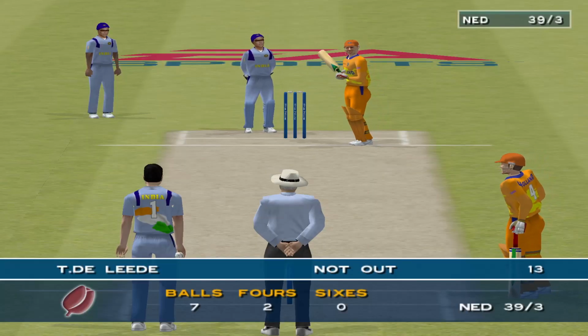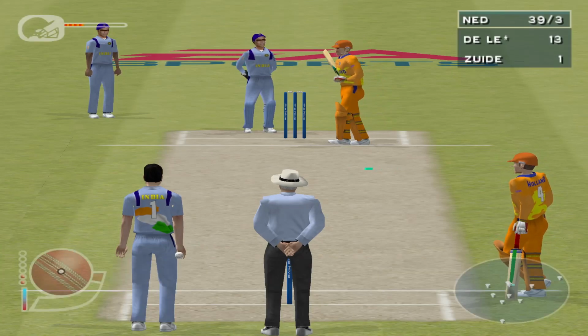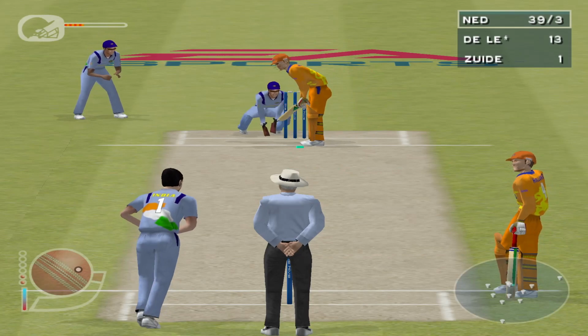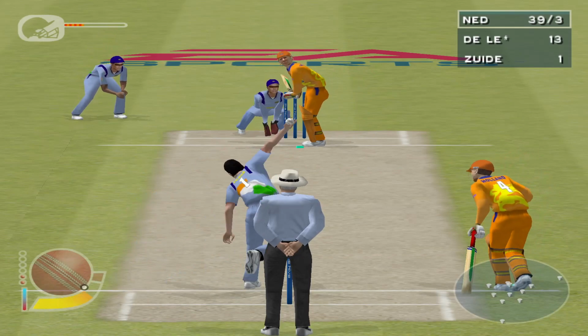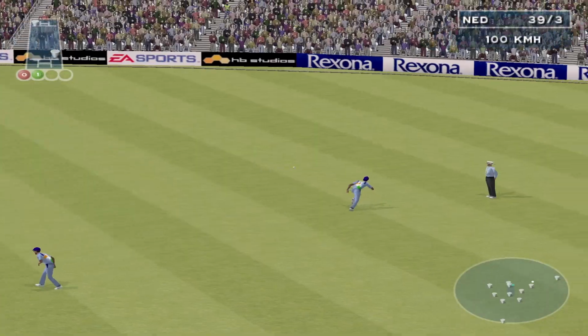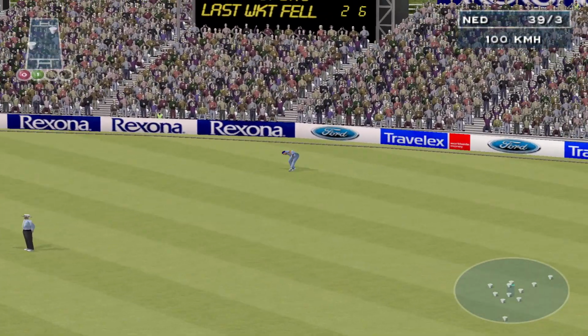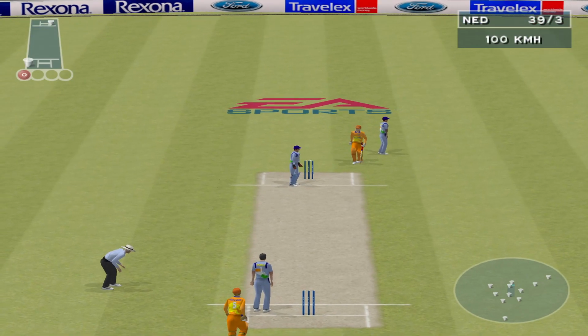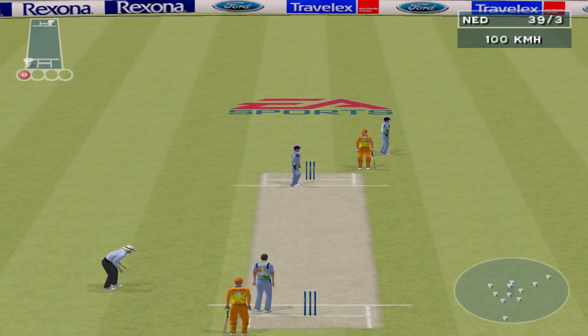Averis to bowl to the lead. Play it away with comfort. Just one run.